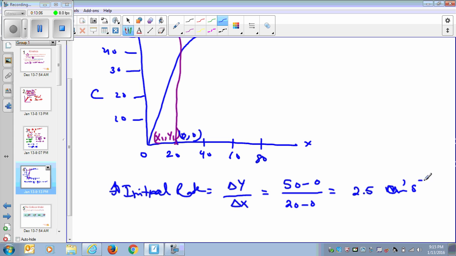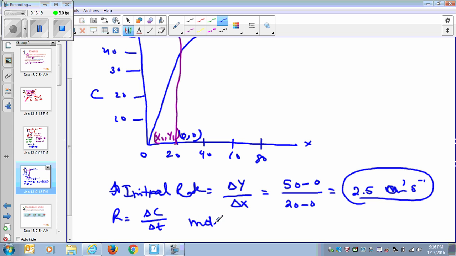It's given here. So this is how we calculate the initial rate. So bottom line is that to calculate the rate of the reaction, we are going to have concentration over time, and the unit is going to be moles per cubic decimeter per second.